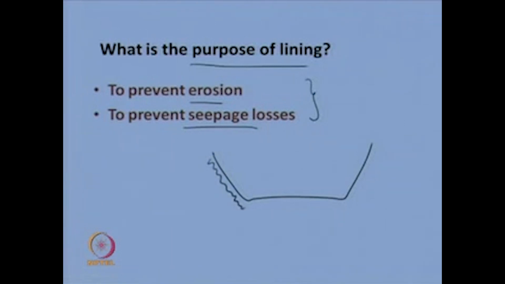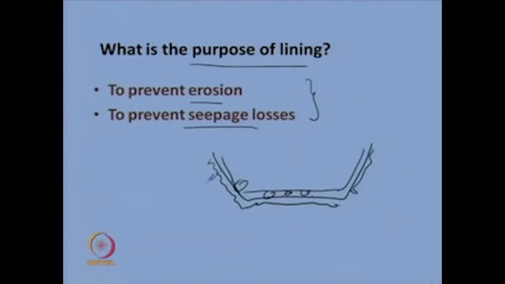So, if you have such a channel, you may see that the bed may get eroded due to the flow of water. If it starts getting loosened, then the lining is not proper. If a proper lining material is incorporated, the loosening of the soil can be avoided.